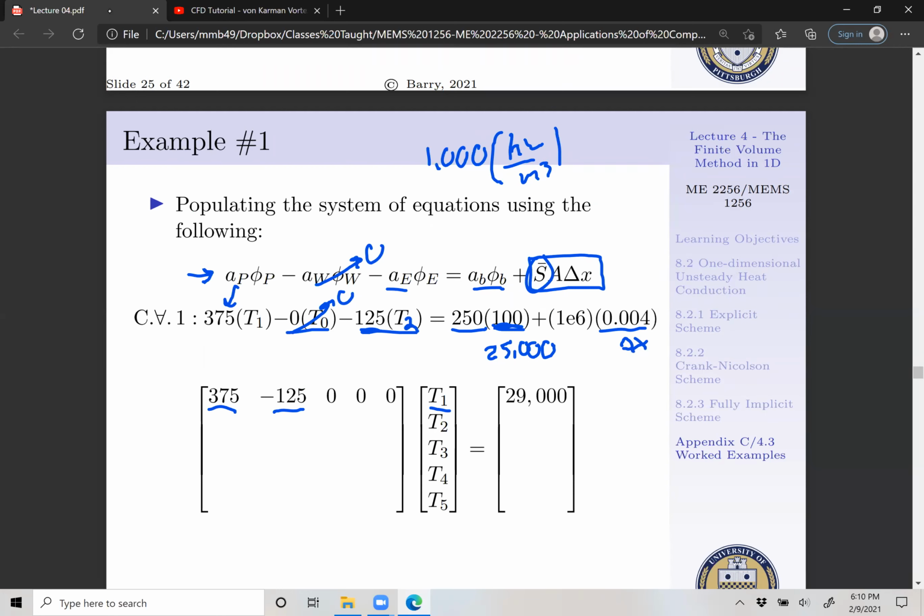So we're going to take 1e6 times 0.004, and this is going to add 4,000 to our first term in the B matrix. And it is that incredibly simple. And we could even do this for a transient problem. That'd be really fun. Even if your source term was a function of time. Oh, just imagine all the fun we could have.